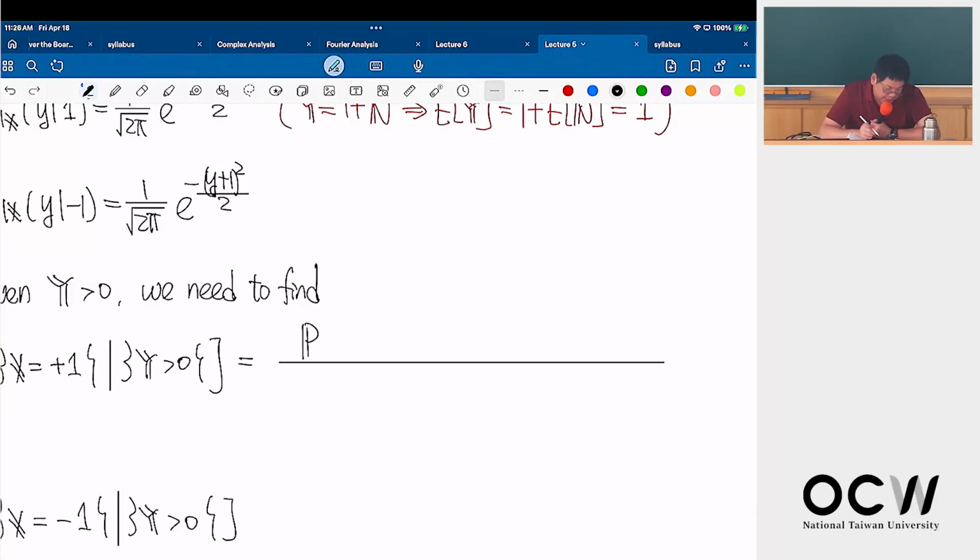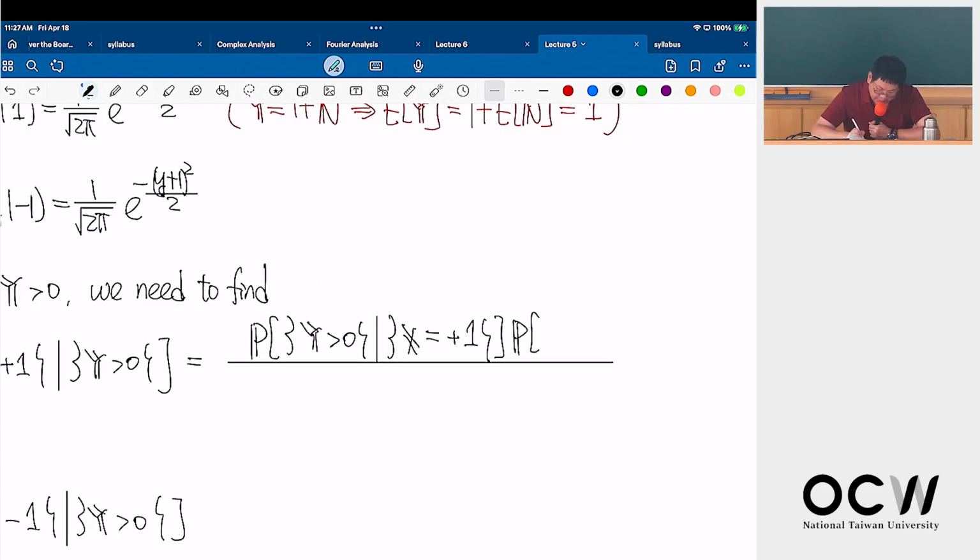Using Bayes' theorem, that is the probability y greater than 0 given x is 1, times the probability of x is 1, divided by the probability y greater than 0.